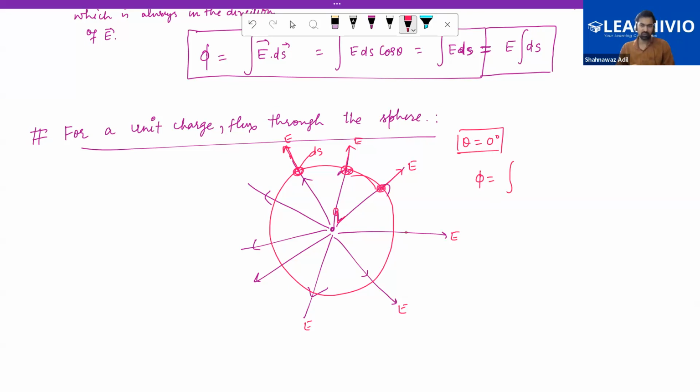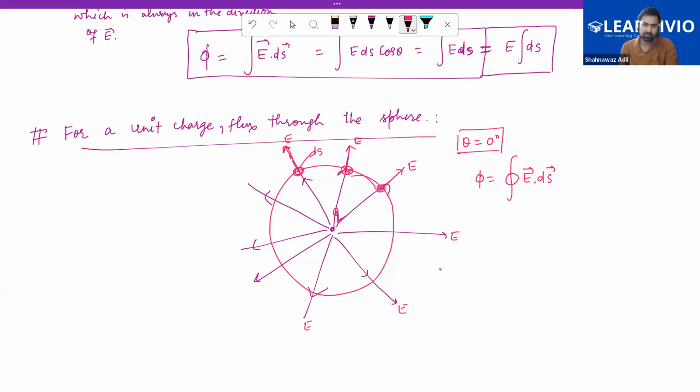Closed surface, absolutely. So whenever we have a closed surface, we denote it like this. This is the closed surface, right? In the integral, we just draw this circle. So this is the closed surface and E dot ds.